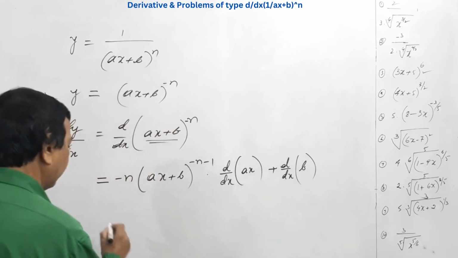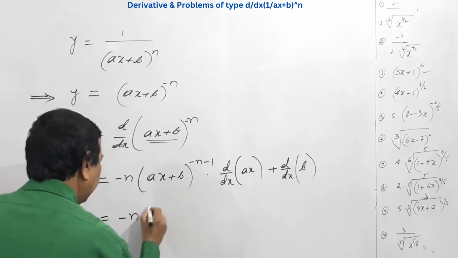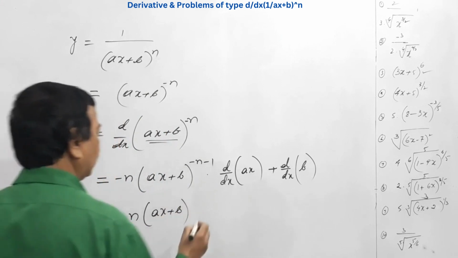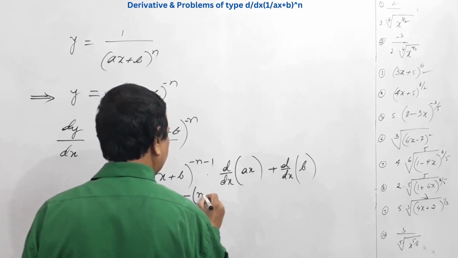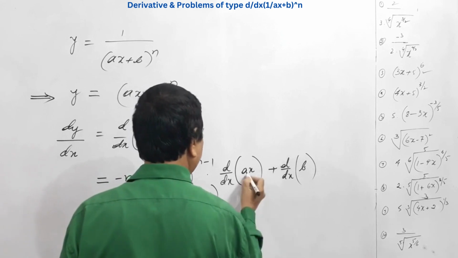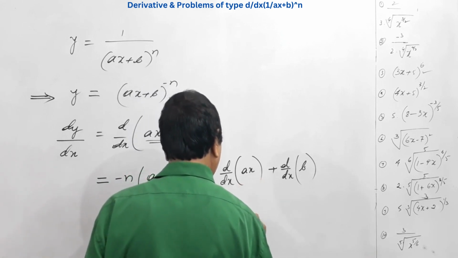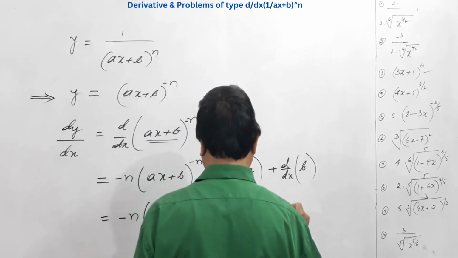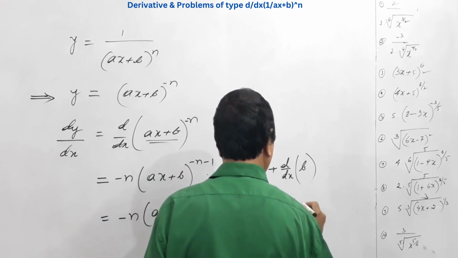Let us go for the next step, that is minus n into ax plus b. I'll take the minus value common, that is n plus 1, and I'll take a outside, a into d by dx of x plus d by dx of b.